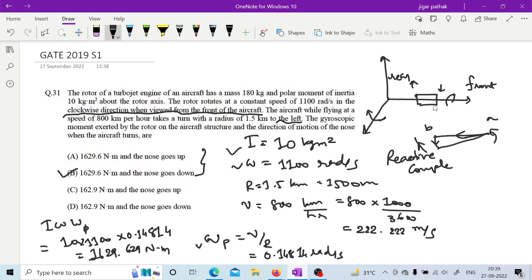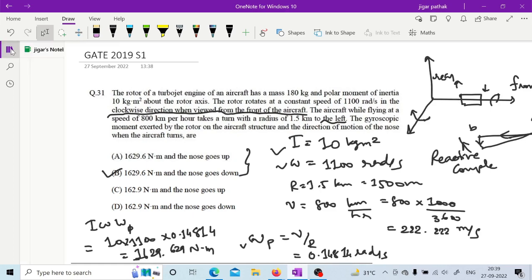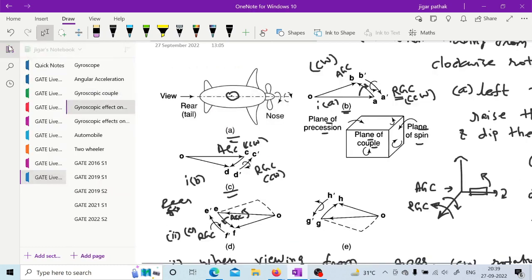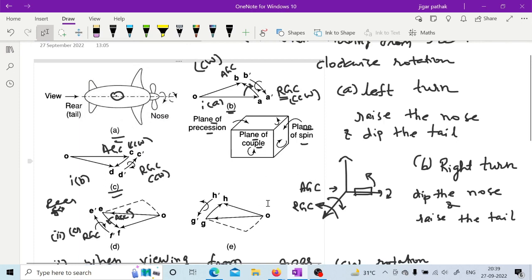So if you remember, viewing from the rear and anti-clockwise and taking a left turn, what is happening? In that standard case we have discussed, which particular case does it lie under? It will be this case, right? Viewing from left and counterclockwise, yes or no? So it is the case, right?